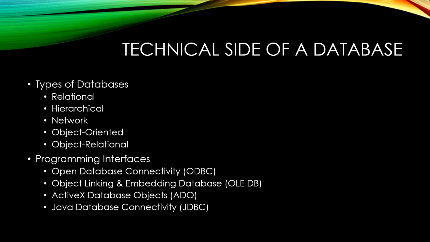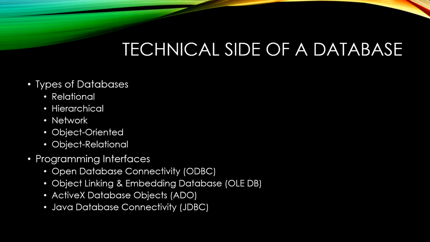An object-oriented database is a dynamic database that allows big data such as videos, pictures, and audio files to be stored within it. And the last type is the object-relational database, which is a mixture of the relational and object-oriented databases. It's basically a relational database that's fronted by software that is written using object-oriented programming languages.